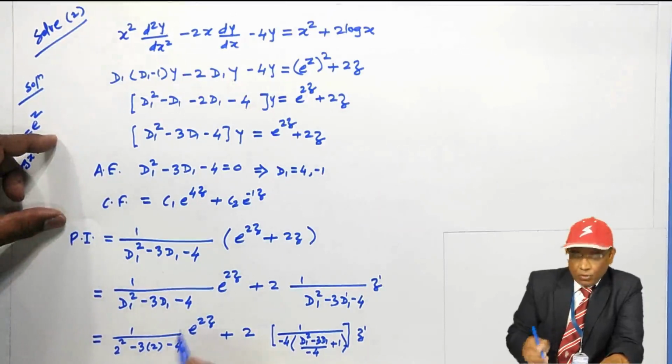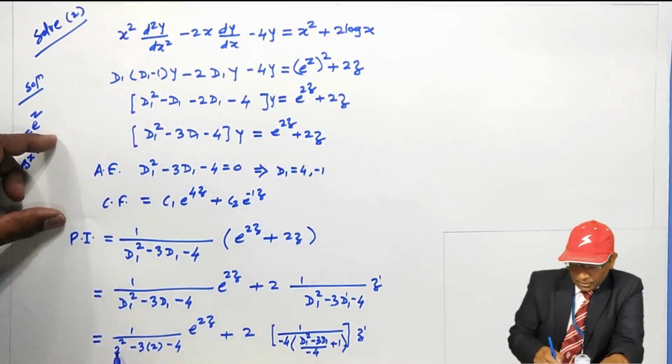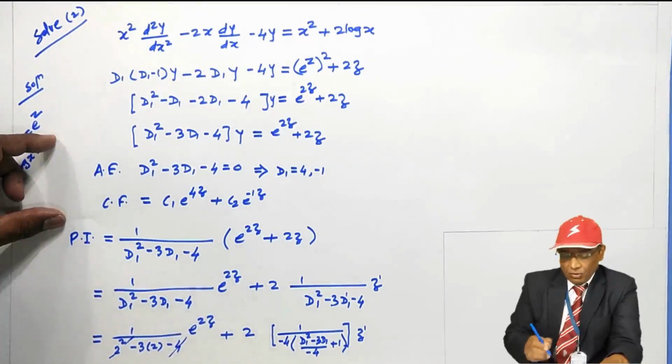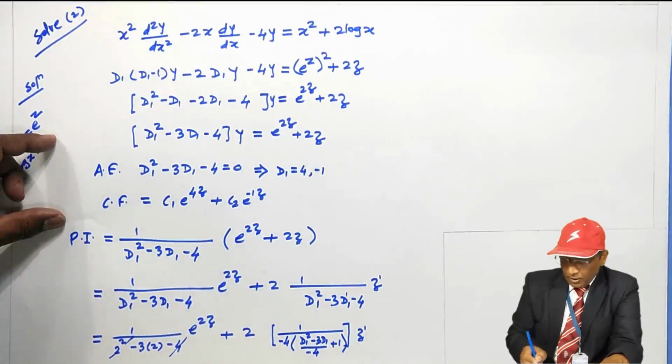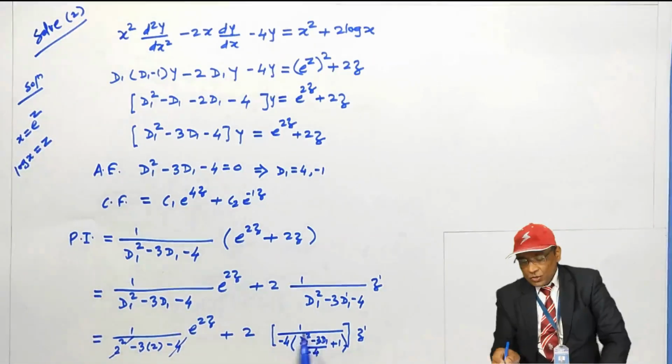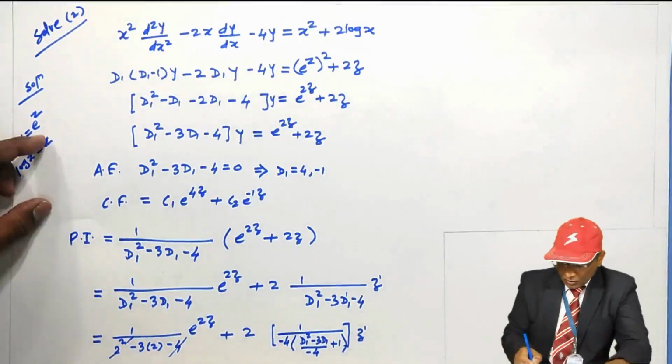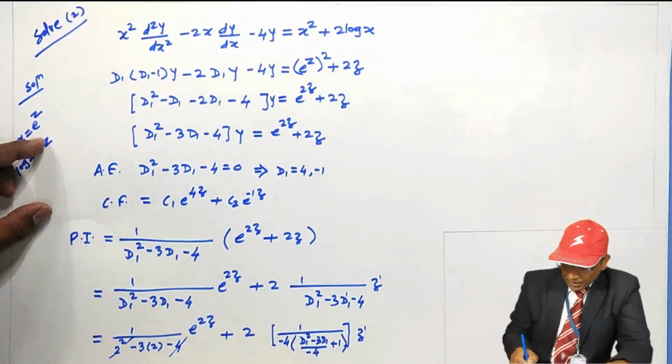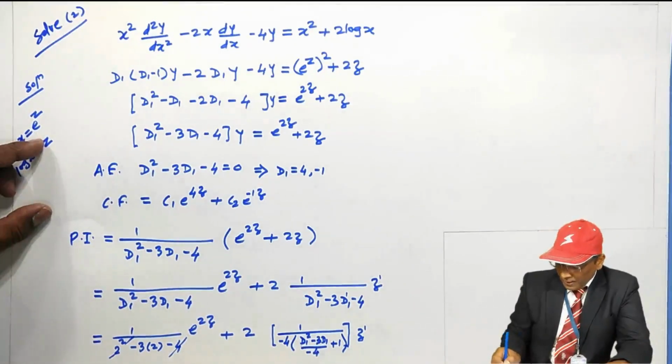Here this operator we have already operated: 4 minus 6 minus 4 is minus 6, giving minus 1 by 6 e to the power 2z. Here we have operated the operator. Now we are operating this operator on the algebraic function. So what we did previously: the lowest degree term I have taken common, and this complete denominator I have to pick in the numerator.